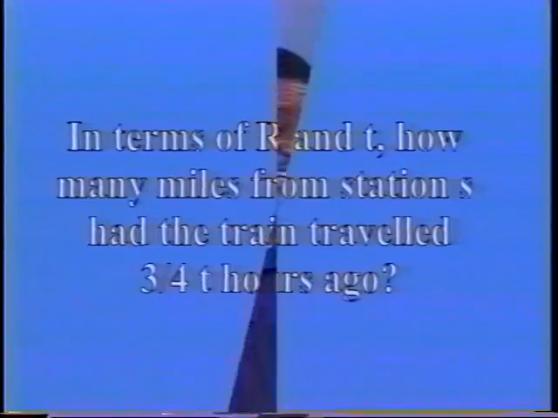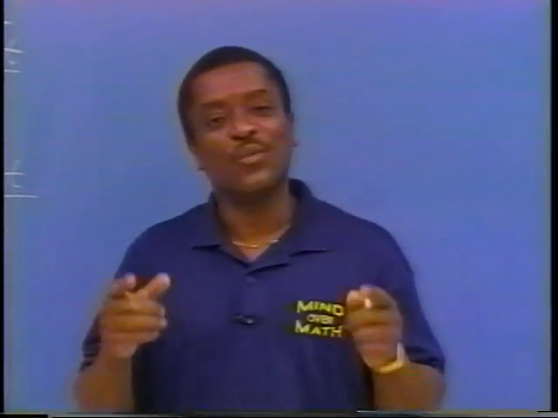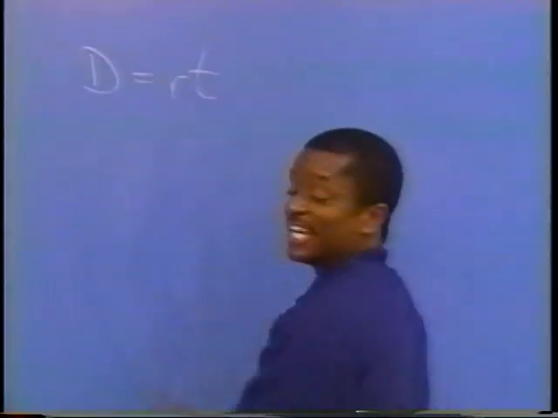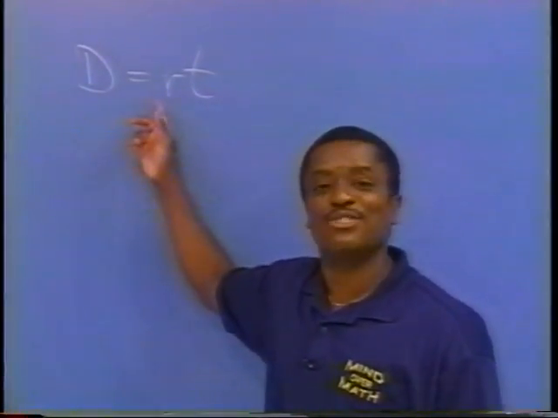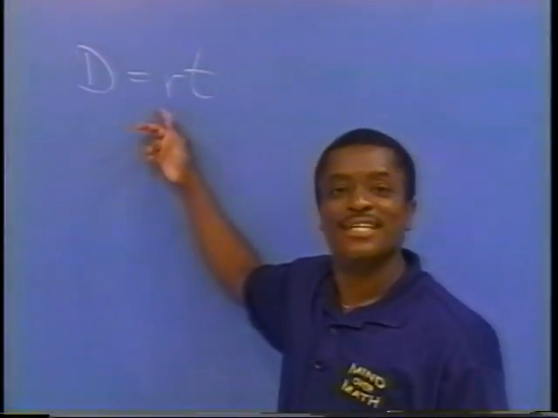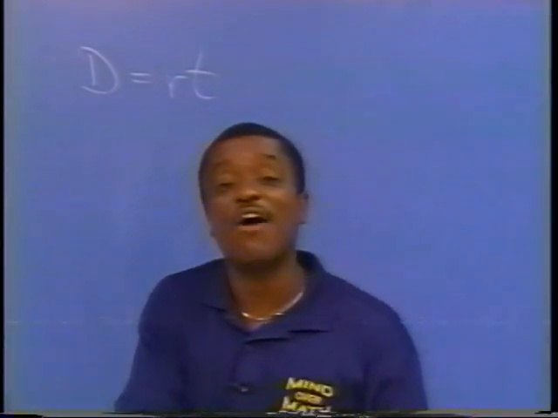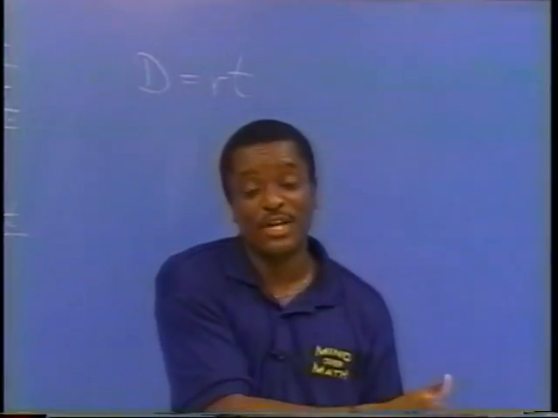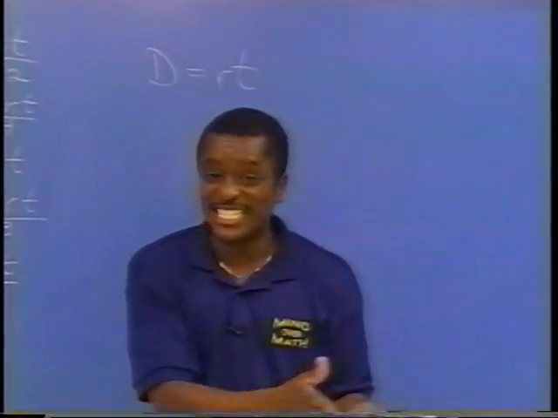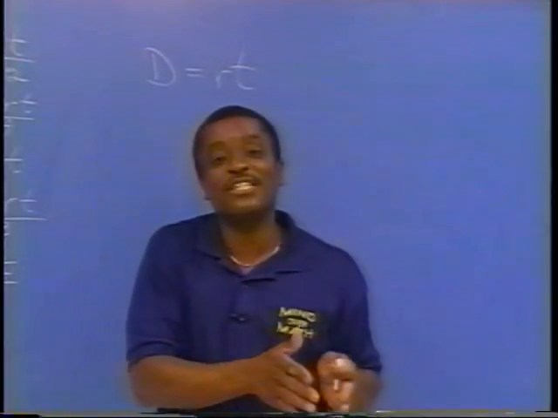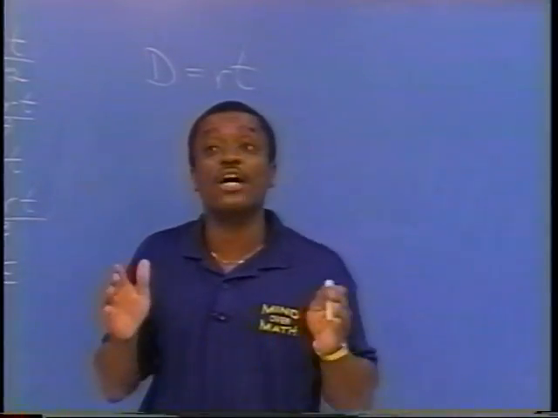Did you get that? Now remember, we need to focus on concepts. In this case, the concept is D is equal to RT. In other words, the distance is equal to the rate of travel, times T, which represents time. And we want to know how far that train traveled from the station S, right, 3/4 of the time in hours ago.